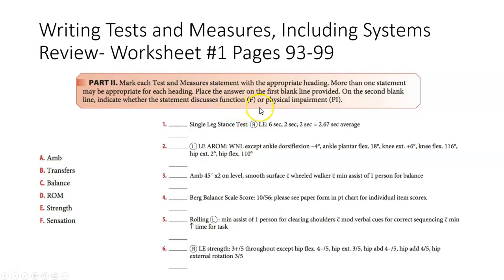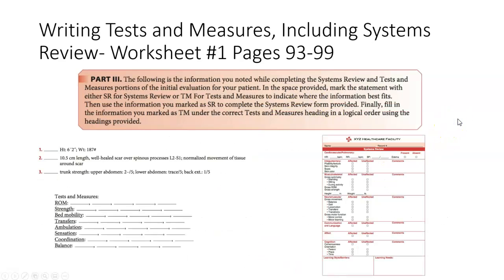And then in the second line, you're going to put whether it's a functional or physical impairment associated with that. So the idea is going back and forth between body systems and functional components. I want you to mainly focus on the different components here and look at these as examples.